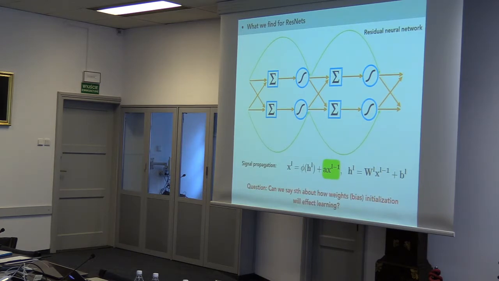So again, we ask the question how we can initialize the weights and the biases, and in particular, most importantly, the weights here, so that learning is as effective as possible.